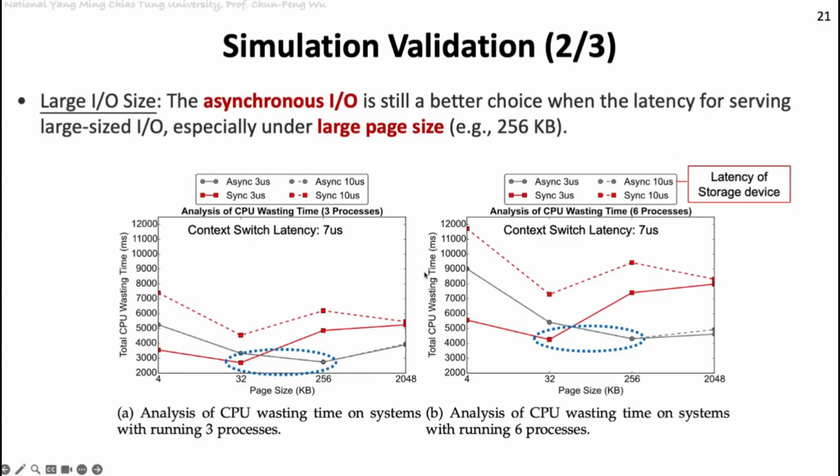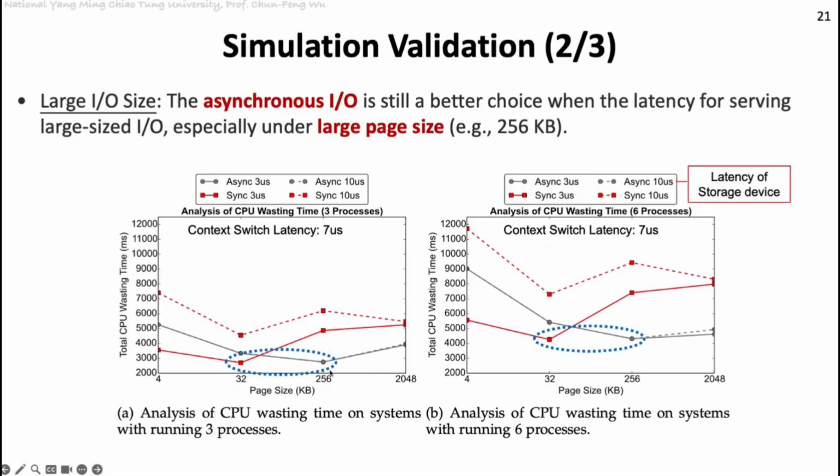The reason is that if you can leverage large I/O, for example 256 kilobytes or 2 megabytes, and move that data at the same time, then you can enjoy SSD parallelism. So for 32 kilobytes with synchronous I/O and 256 kilobytes with asynchronous I/O, the time is actually very similar.